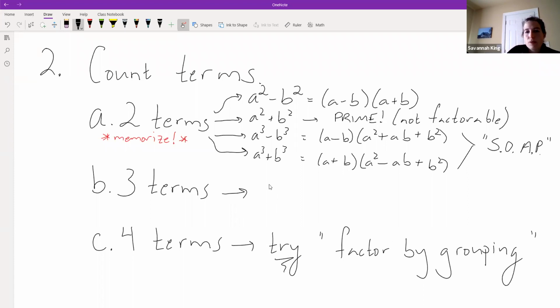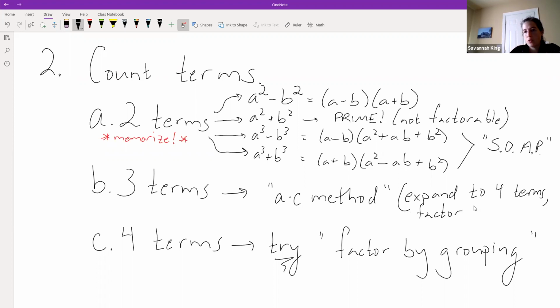And then three terms: I was taught to call what we were doing the AC method. Your book doesn't use that, but it does draw the helpful connection that what we're really doing is applying factor by grouping. We're expanding our three terms into four terms, and then factoring by grouping.